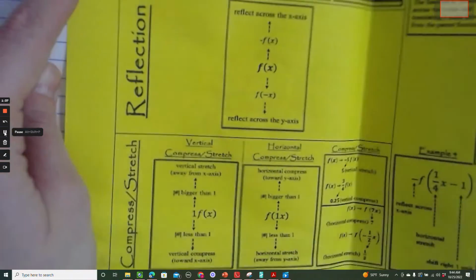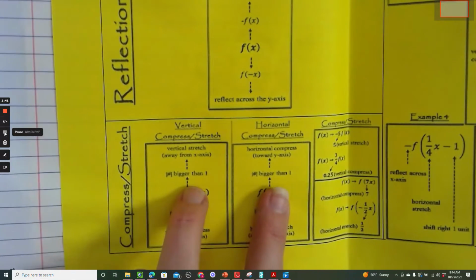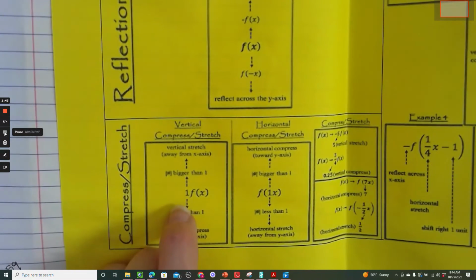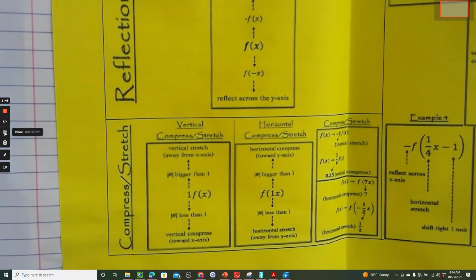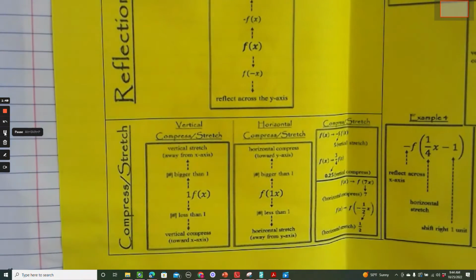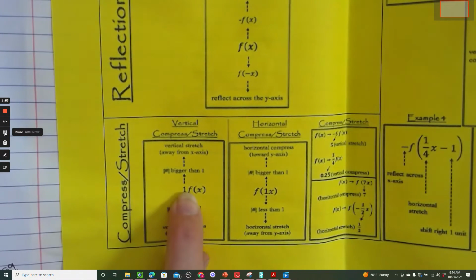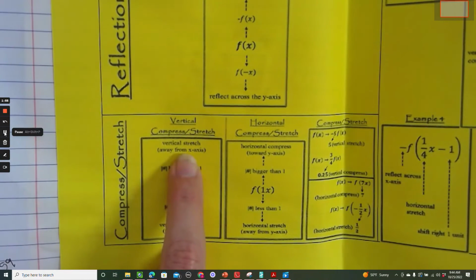These are kind of tricky, the stretches and compressions, okay? So if the number is in front of the entire thing, we're talking about a vertical something, okay? If this number is bigger than 1, it's a vertical stretch.